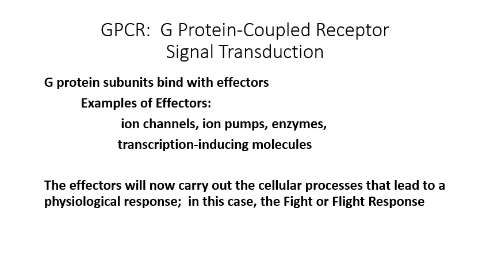G-protein coupled receptors are a part of signal transduction, and those G-protein subunits, they bind with effectors, and some of the examples of the effectors are ion channels, ion pumps, enzymes, which we saw, the alpha G-protein bound with an enzyme that was able to change ATP into cAMP.